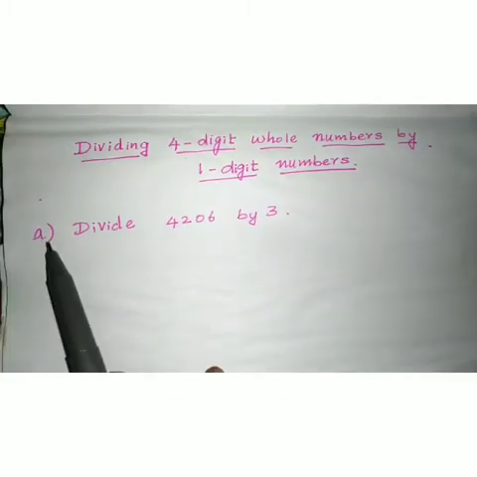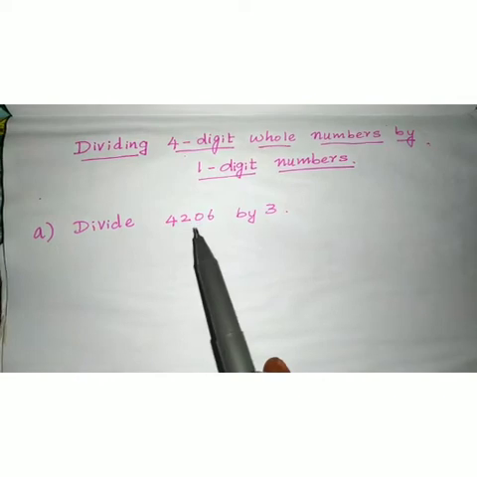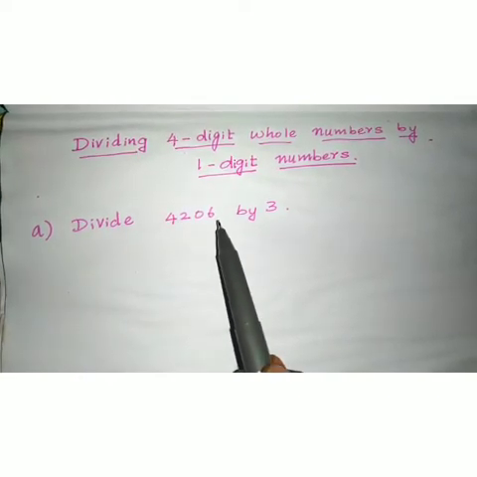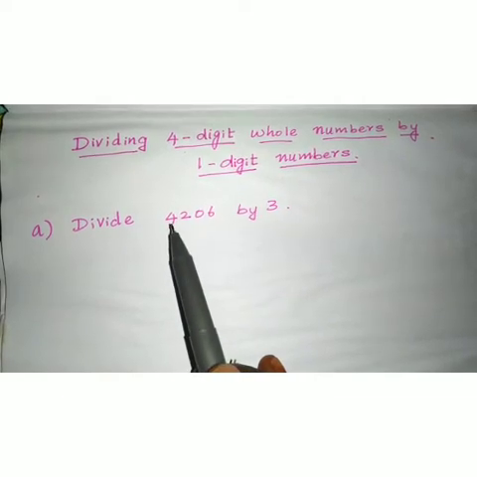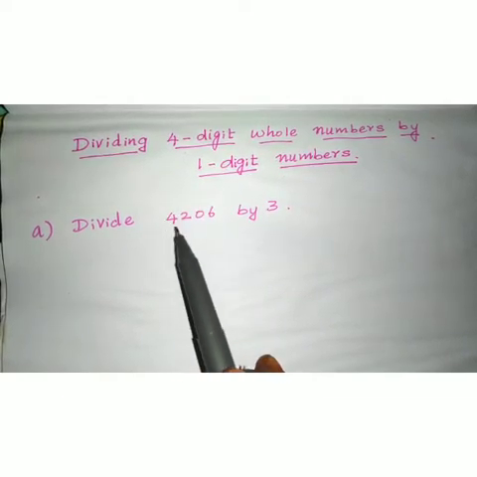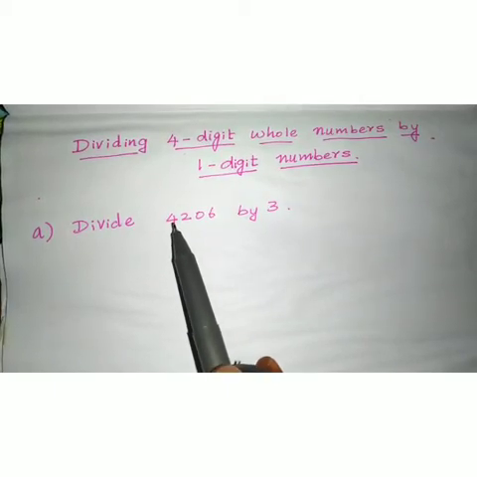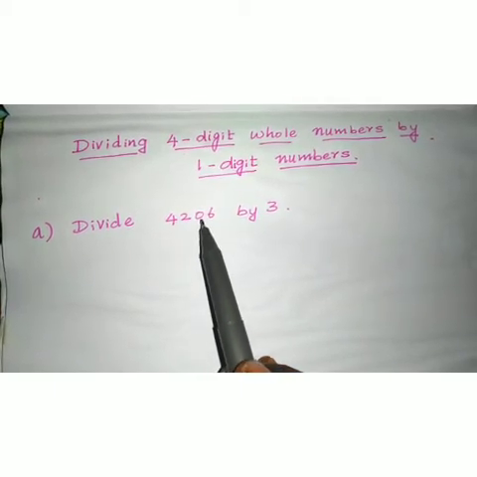Look at here, problem A, divide 4206 by 3. Here, how many digits are there in 4206? Let me count. 1, 2, 3, 4.